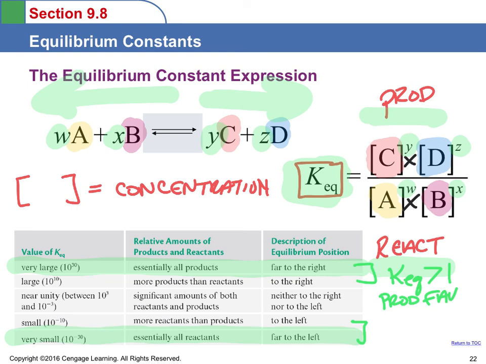If KEQ is less than 1, that means there's more reactants than products, or it's reactant favored. You would also say for product favored, it lies to the right, because products are on the right. For reactant favored, the equilibrium lies to the left.